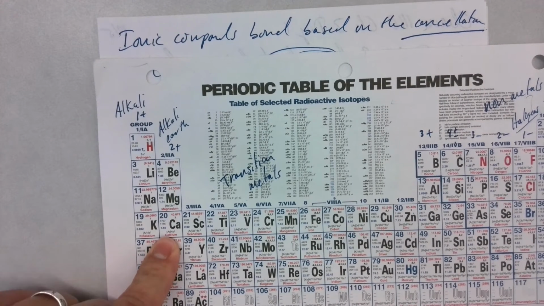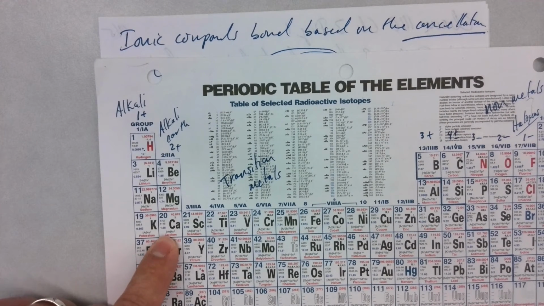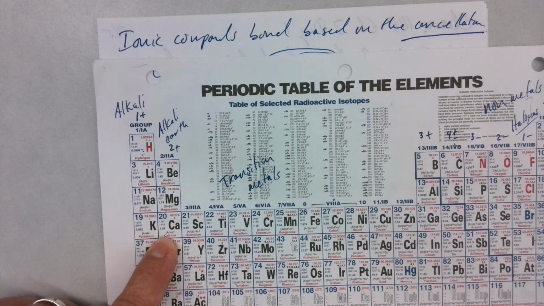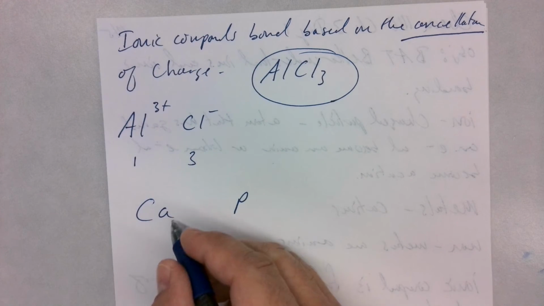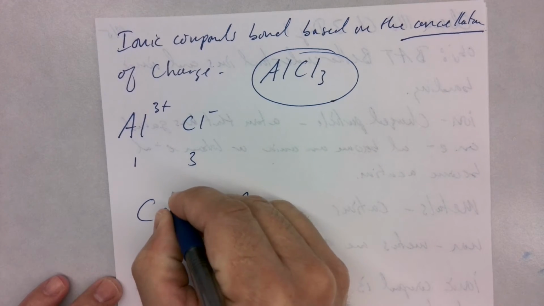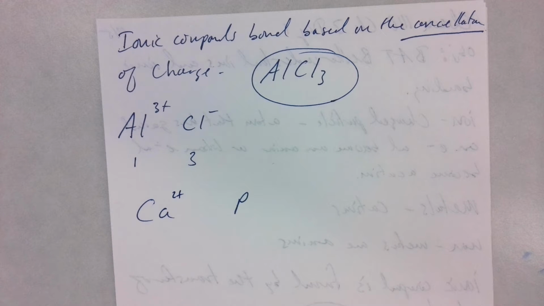Which means it has a valence of 2. So what do you think is going to happen? What's it going to do with those 2 valence electrons? It's going to get rid of them, right? And it's going to become Ca 2 positive, right?